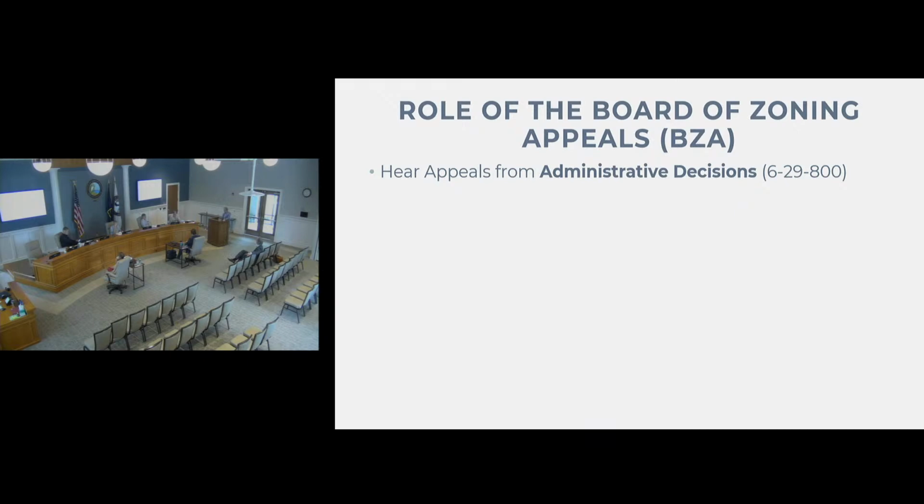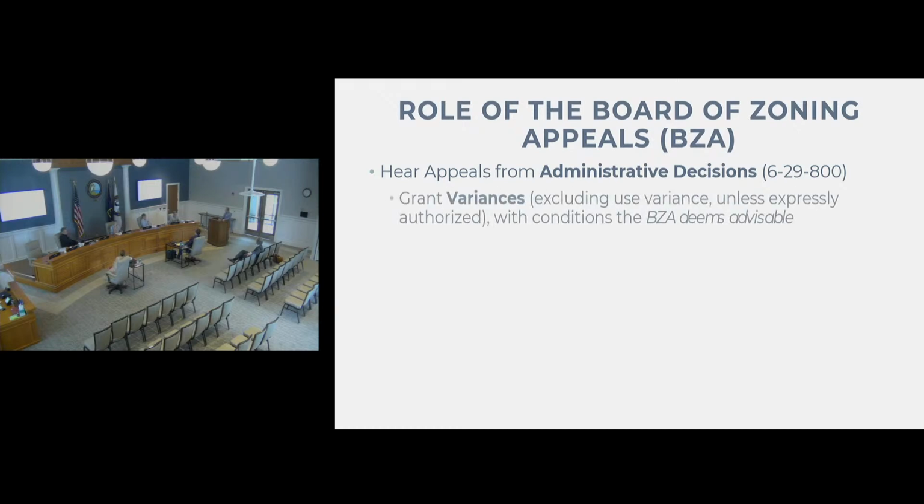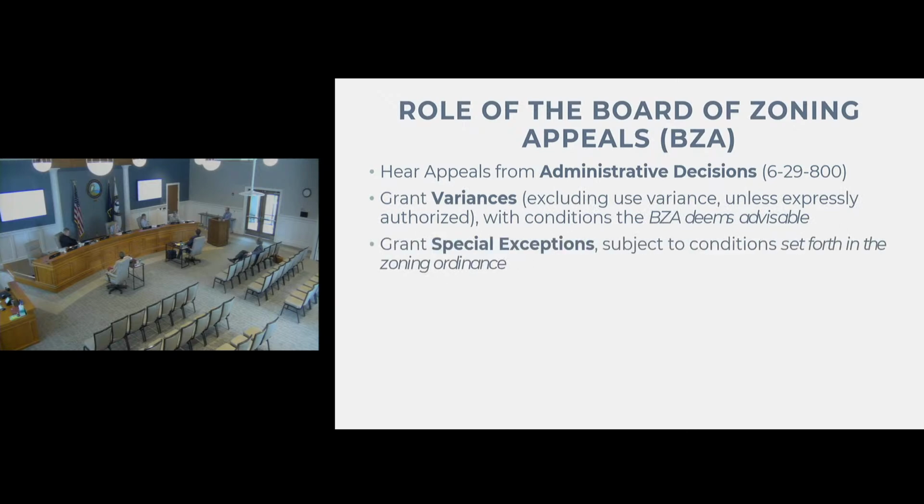All right, let's get to the Board of Zoning Appeals. This is the body in South Carolina that is going to be always acting in a quasi-judicial framework. They can hear appeals from administrative decisions. This is zoning decisions I mentioned earlier. They can grant variances, of course. They can grant special exceptions.